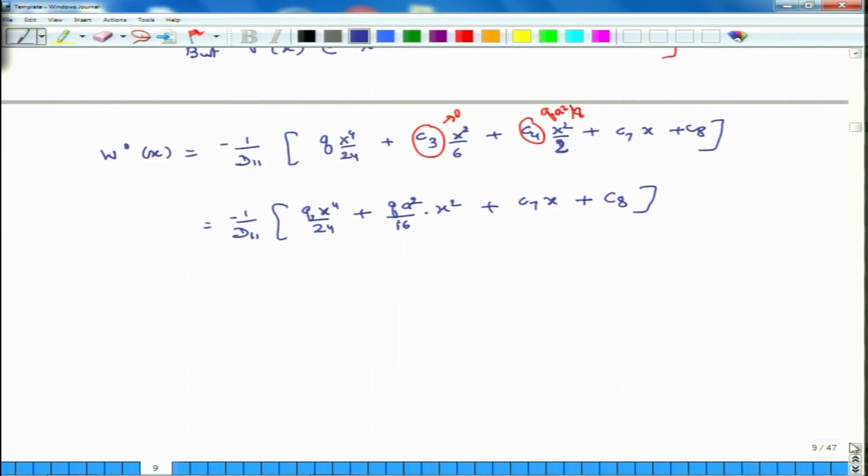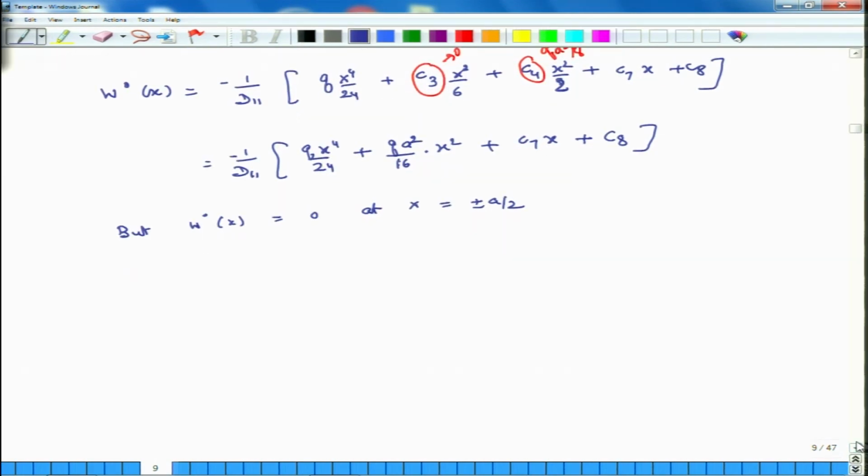Okay. And now we know that W naught x is equal to 0 at x is equal to plus minus a over 2 from the boundary conditions. Those are the only two boundary conditions which have not been implemented yet. So, let us write down.